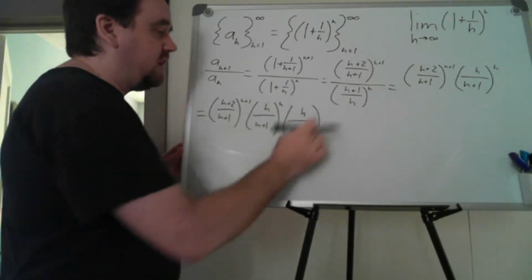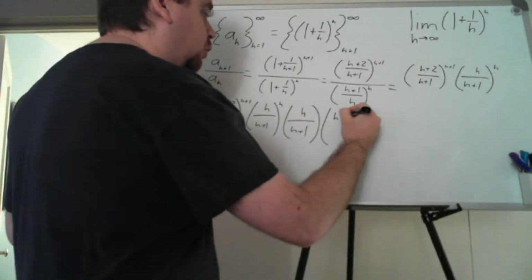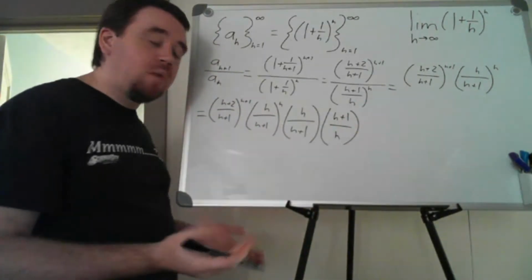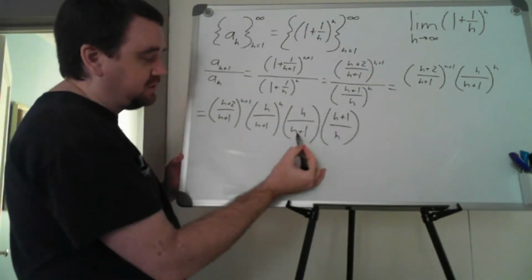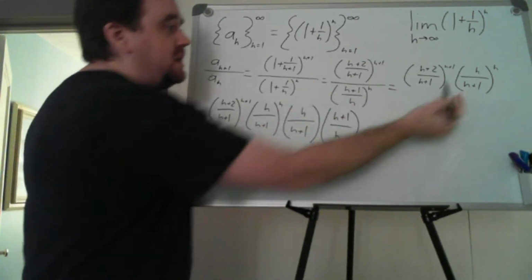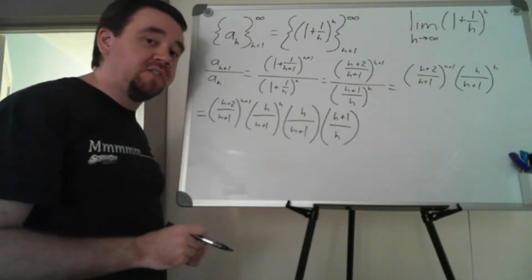But in order for this to not change the value, I need to also multiply by its reciprocal, which is h plus 1 over h. And to see why that works, think about how h plus 1 and h plus 1 cancel out, h and h cancel out, so that would disappear, leaving me exactly what I had before. But I'm going to leave it in right now, but we now know the value hasn't changed.